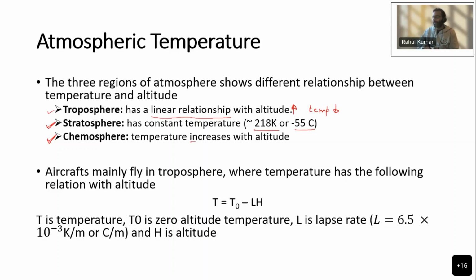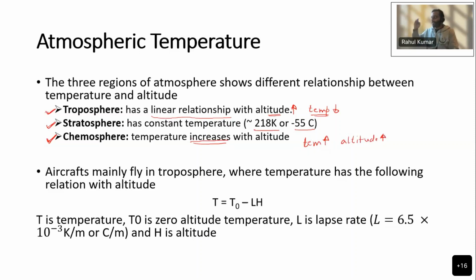Temperature starts to increase with altitude. In the troposphere, the temperature decreases with increase in altitude. In the chemosphere, the temperature will increase if the altitude increases, right?